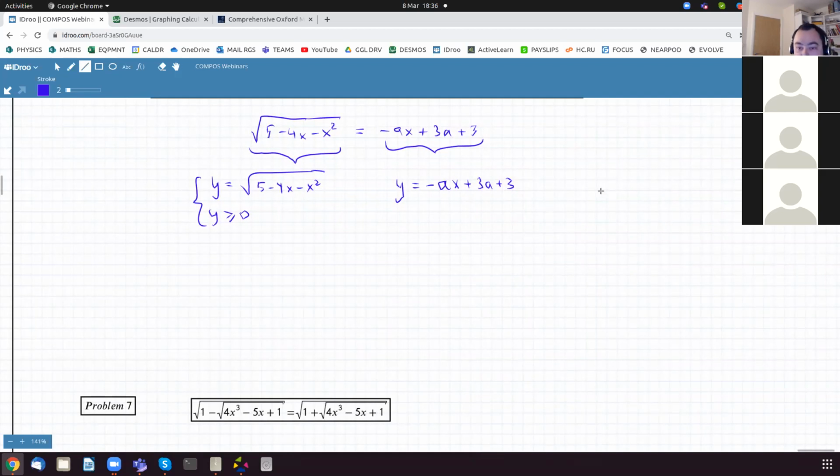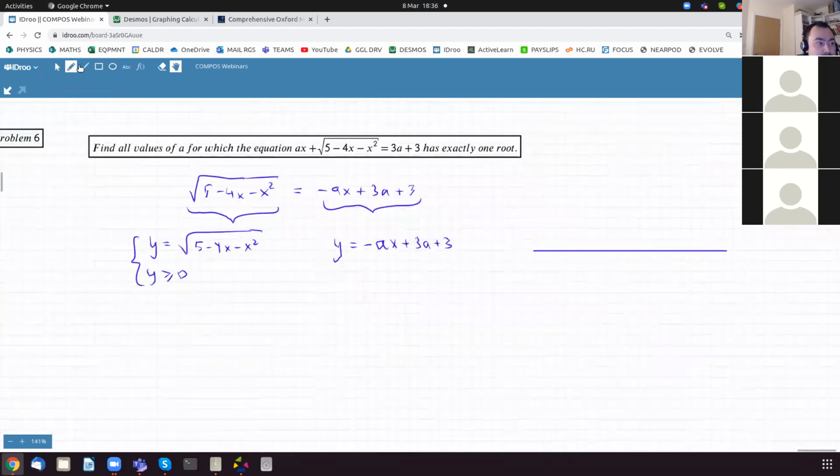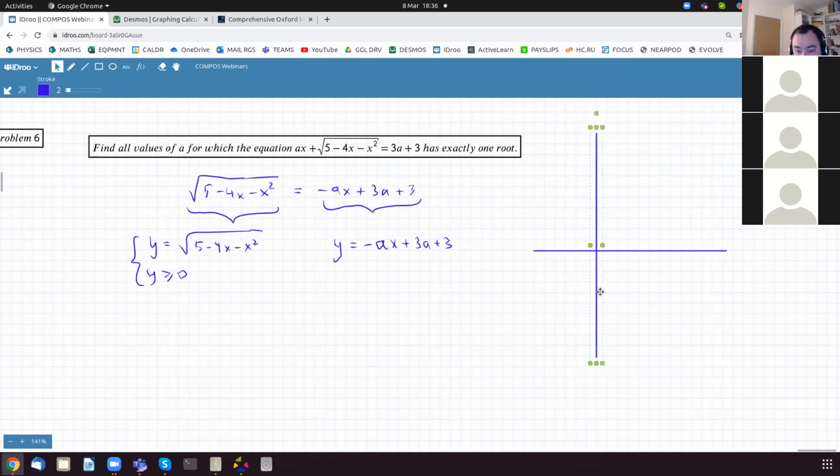So what can I do here? Well, obviously there is software you can use, such as Desmos, which really helps in those questions.